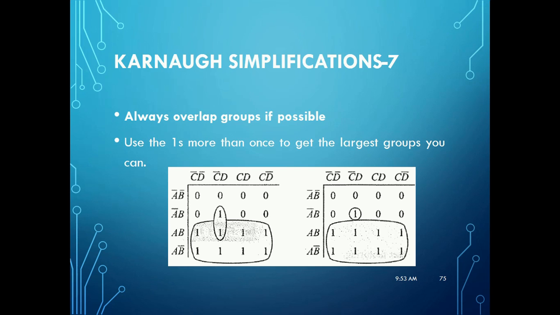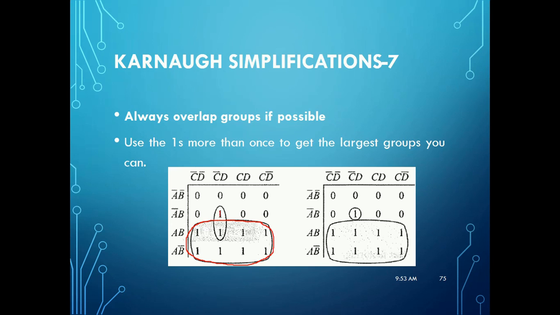Now let us take one more example here. See this problem. They have overlapped groups. In this case, first you will be finding the largest group possible, which is an octet.